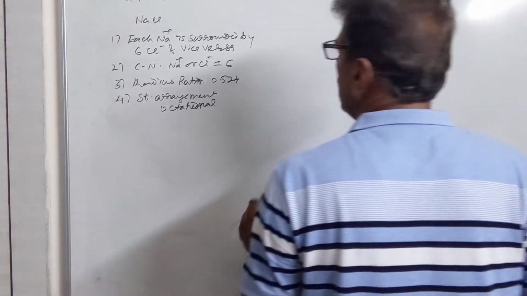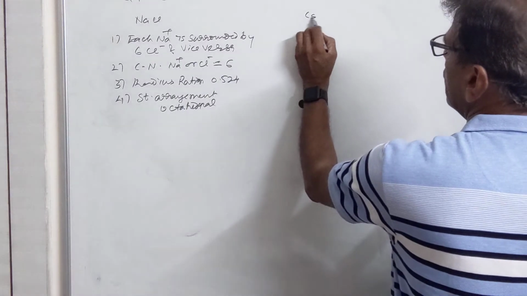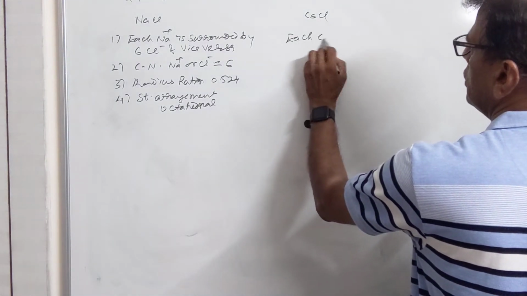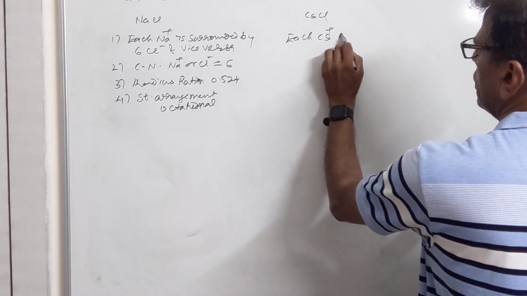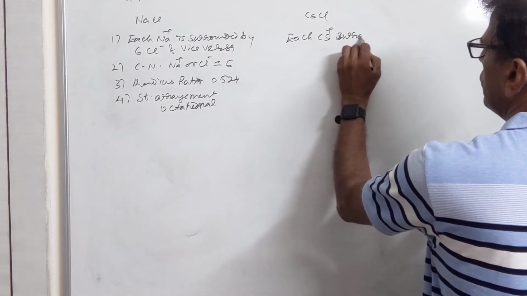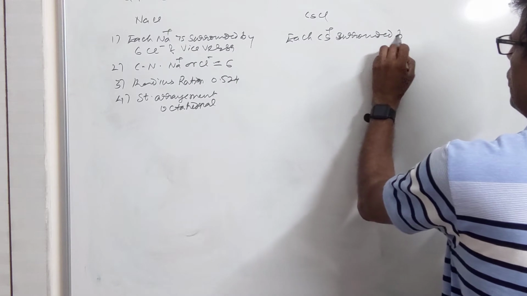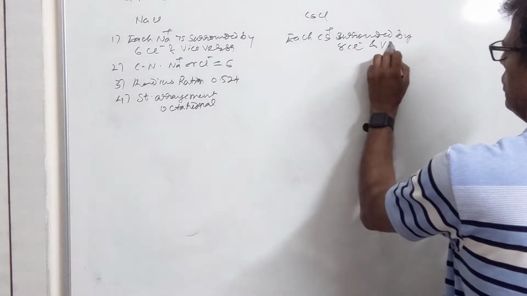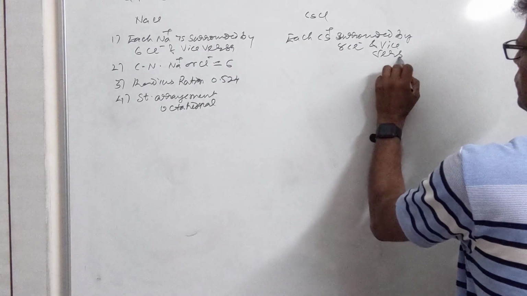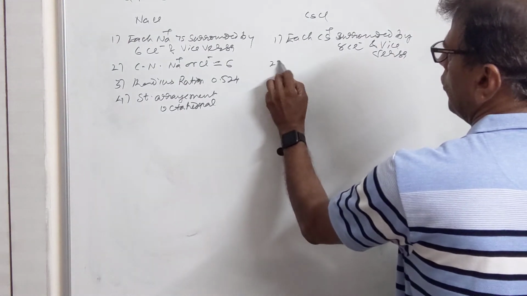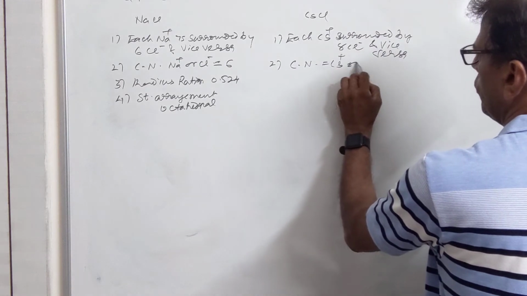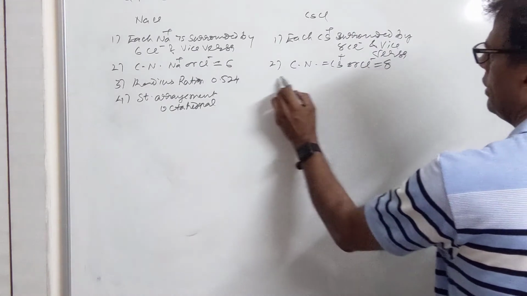अगर हम cesium chloride की बात करें, तो each cesium ion surrounded by 8 chloride ions, and vice versa. Coordination number of each cesium ion हो और chloride ion हो, that is 8.